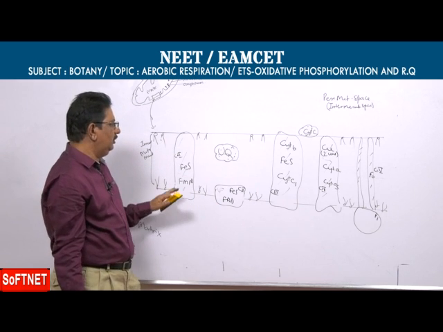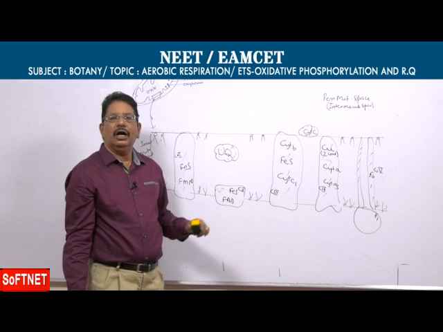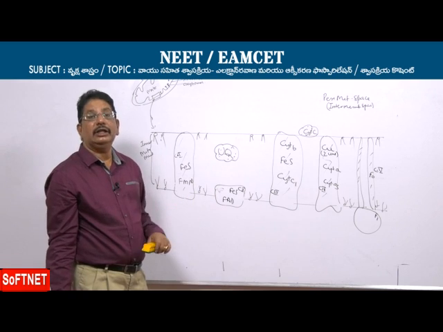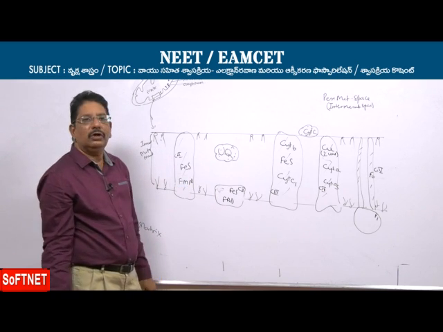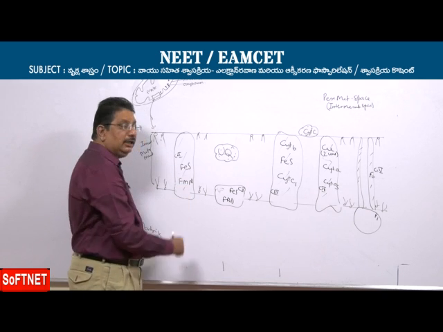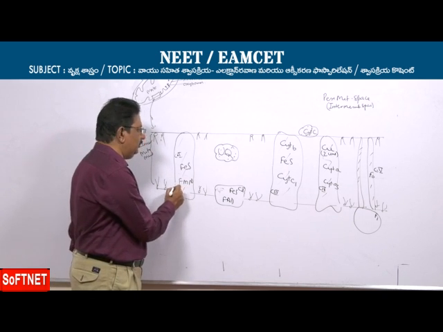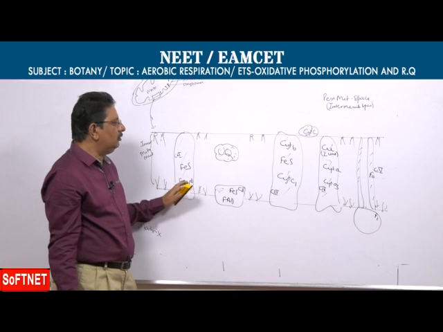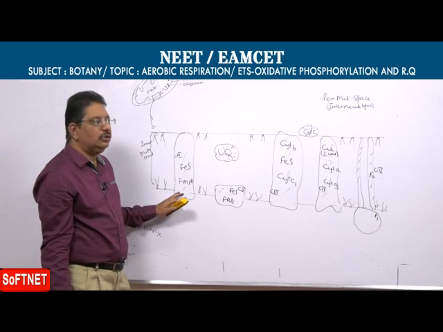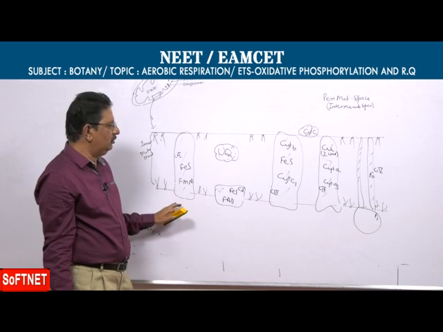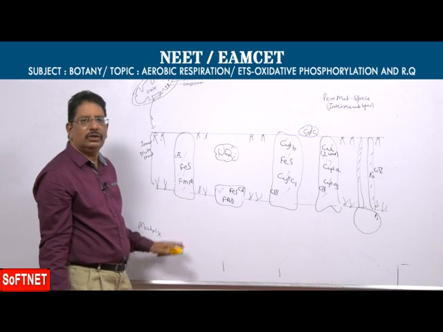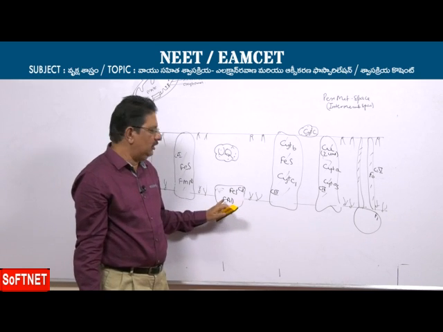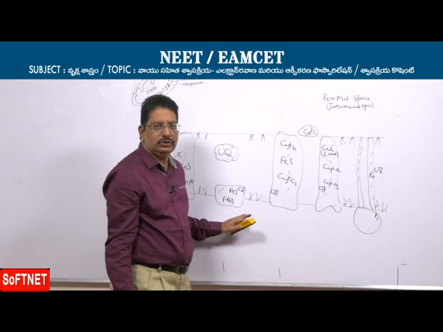And moreover, these complexes also maintain some enzymes. So, they have a catalytic role. Complex 1's enzymatic name is called NADH ubiquinone oxidoreductase, and the enzyme name of the FAD complex is succinic dehydrogenase.